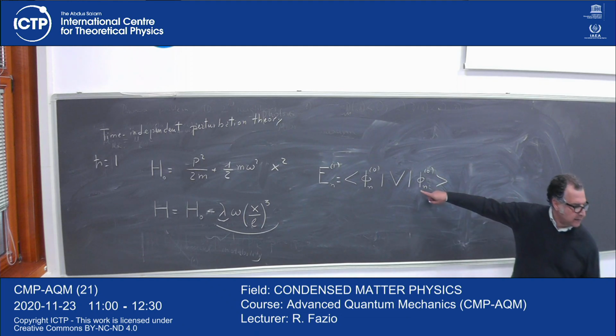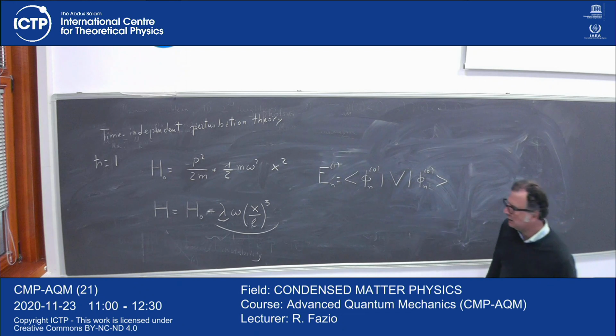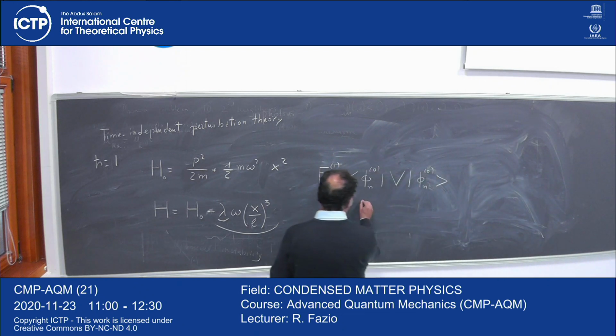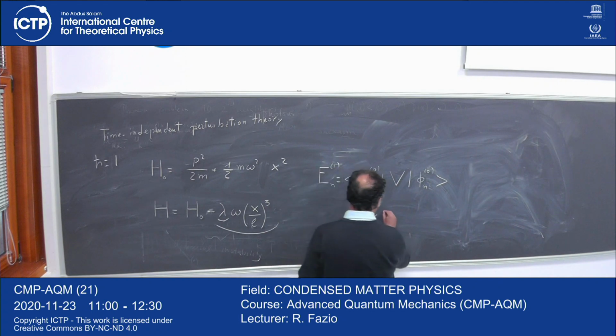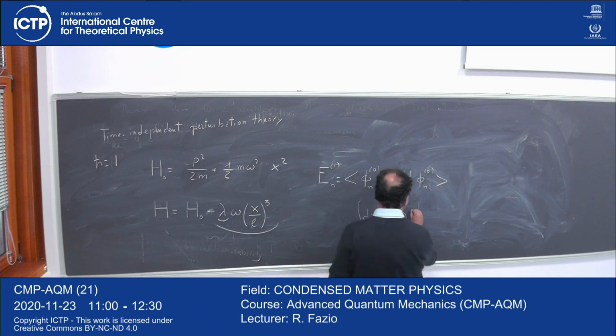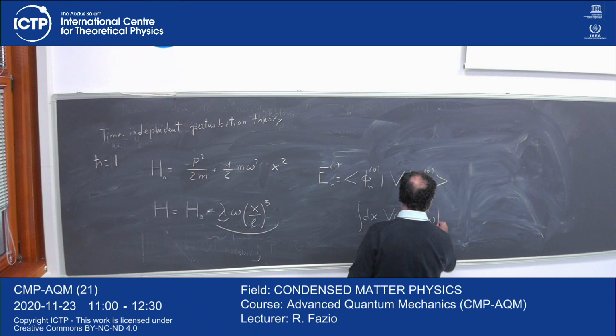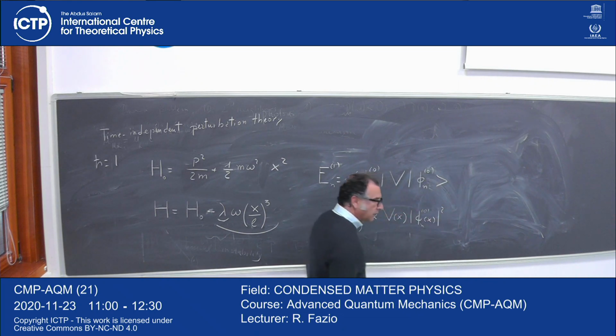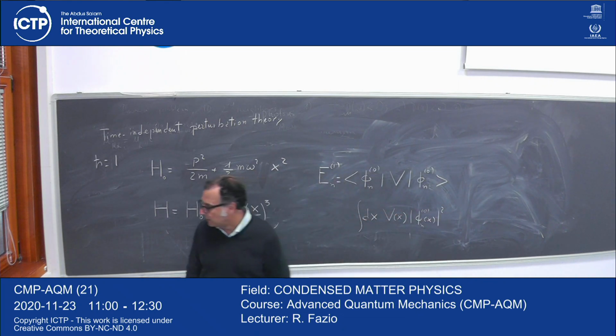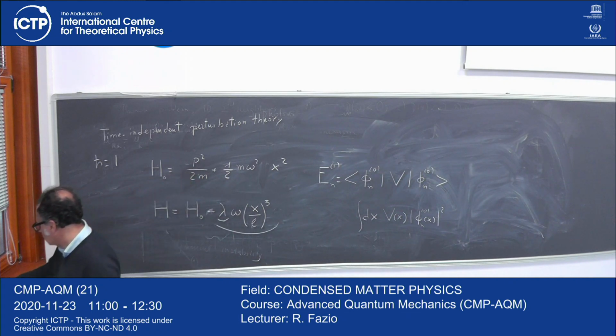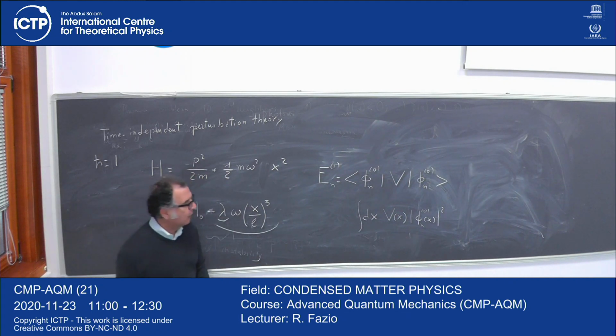So let me write this using the coordinate representation. I will have something like the integral dx V of x times phi 0 n of x modulus squared, right? It's an odd integral, I think. Very good.